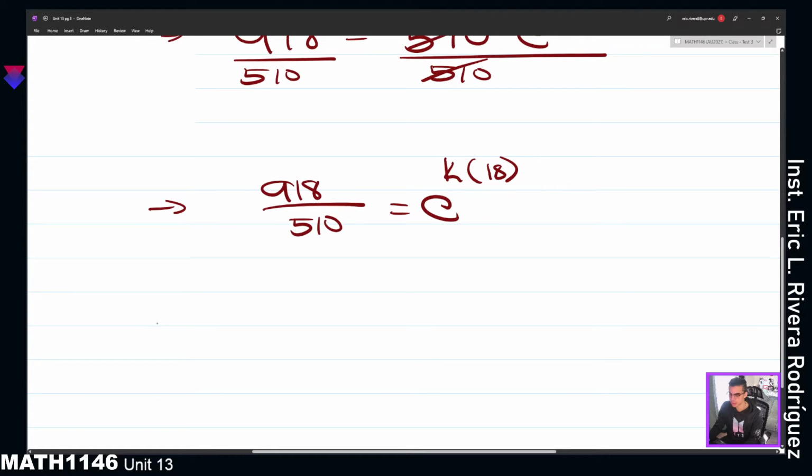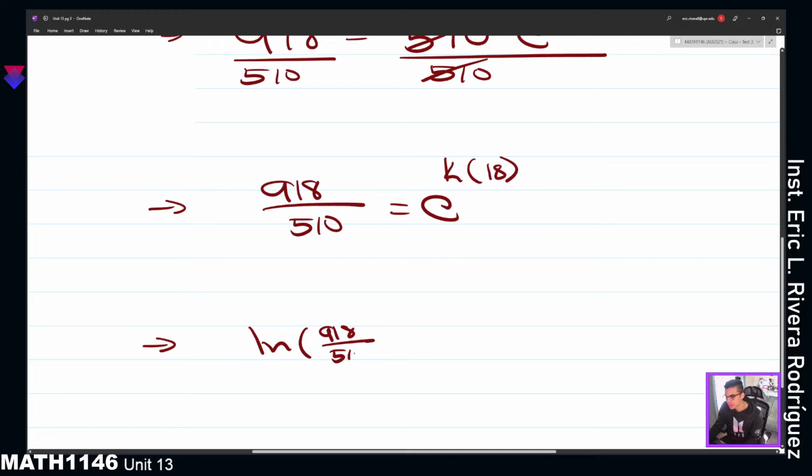Because k, the unknown variable, is on the exponent, we will use another logarithm to cancel the exponential operation here. The natural log, because the base of the exponential operation here is e.